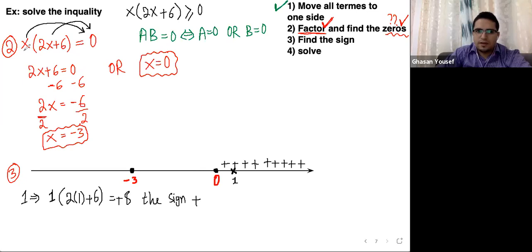So here my A is x and my B is the parentheses 2x plus 6. So A equals 0, x equals 0 is done. And B equals 0, 2x plus 6 equals 0, then we have to solve it to find the x value.